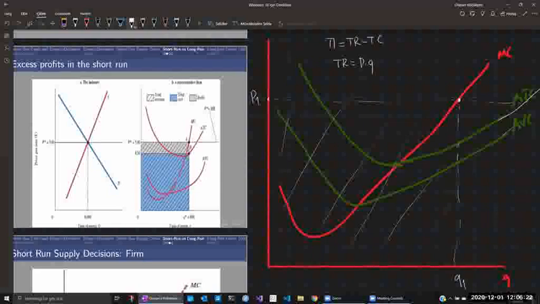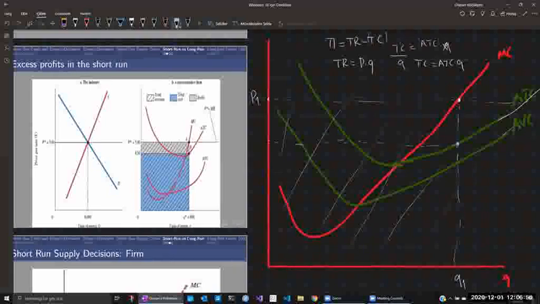And how can I find the total cost? The total cost is equal to what? Average total cost times the quantity level, because average total cost was defined as total cost divided by quantity. So what is the average total cost here? If I look at this point, then I know the level of average total cost.